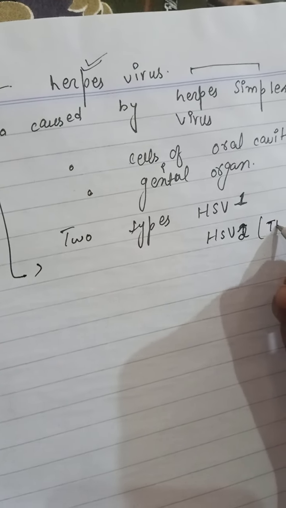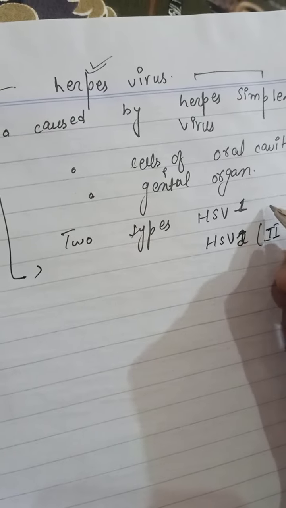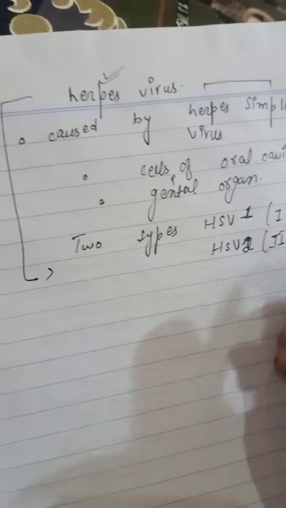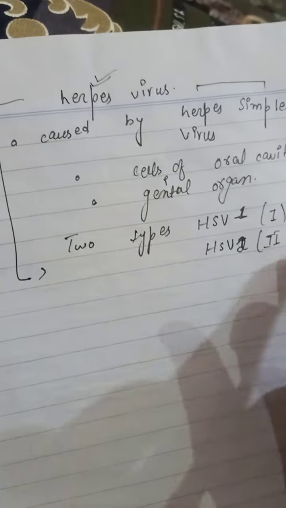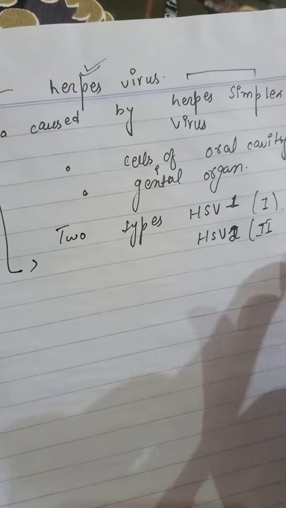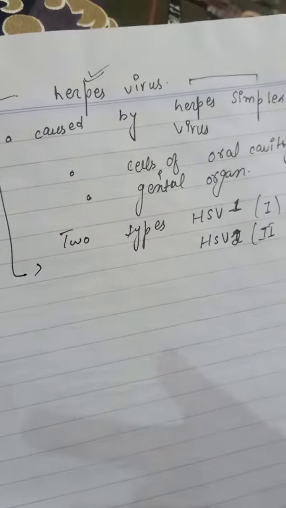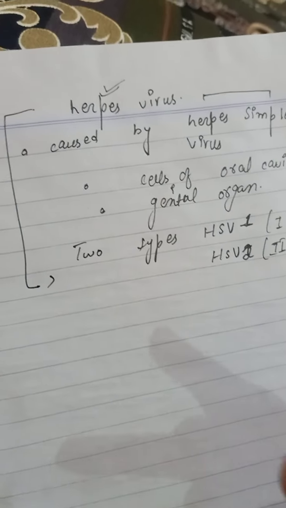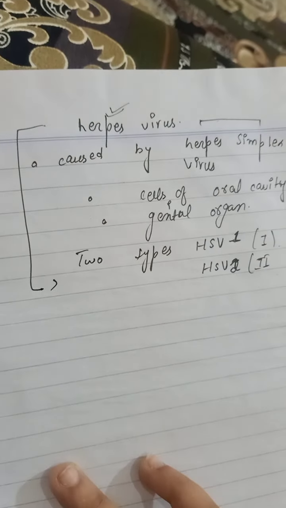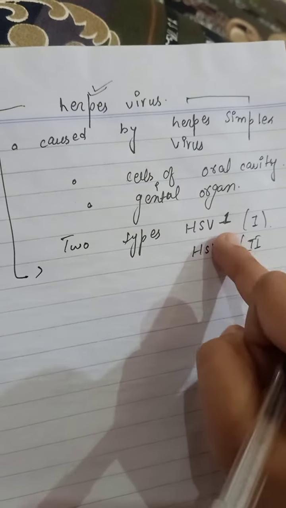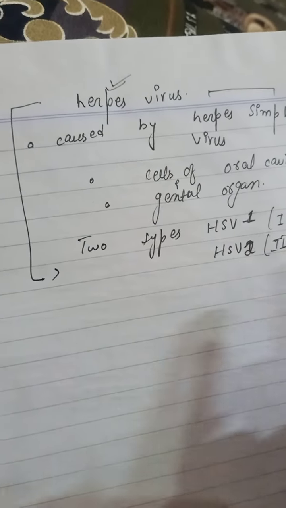HSV stands for herpes simplex virus. There are two types of herpes simplex virus, and we will be talking about herpes simplex virus 1 and 2.